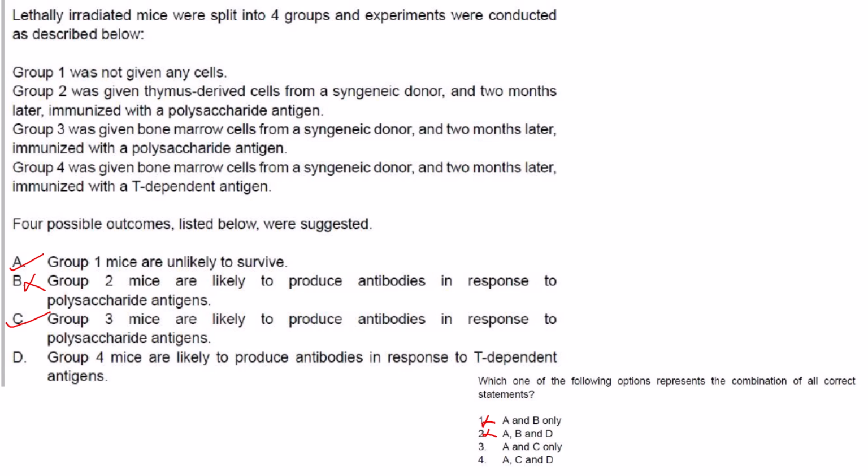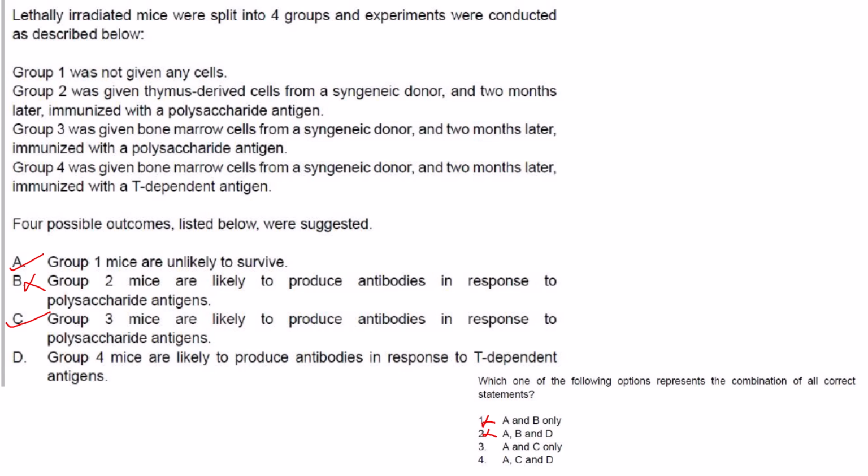Group 4 are given bone marrow cells. Okay, B cells and T cells are produced from a syngeneic donor and 2 months later immunized with a T-dependent antigen. Now a T-dependent antigen means it requires T cell cooperation with B cells to produce antibodies.